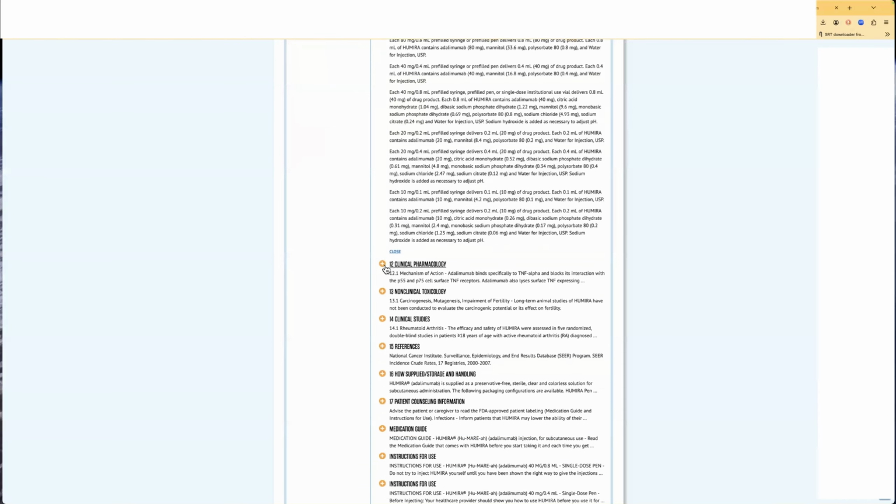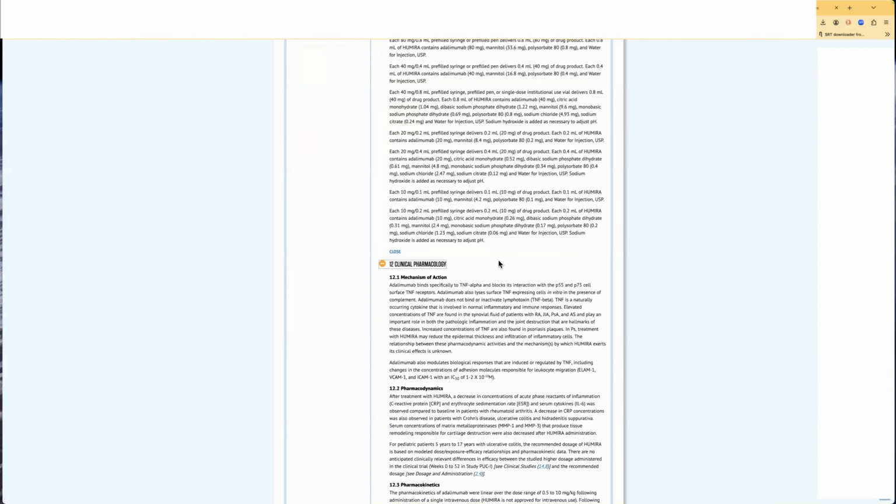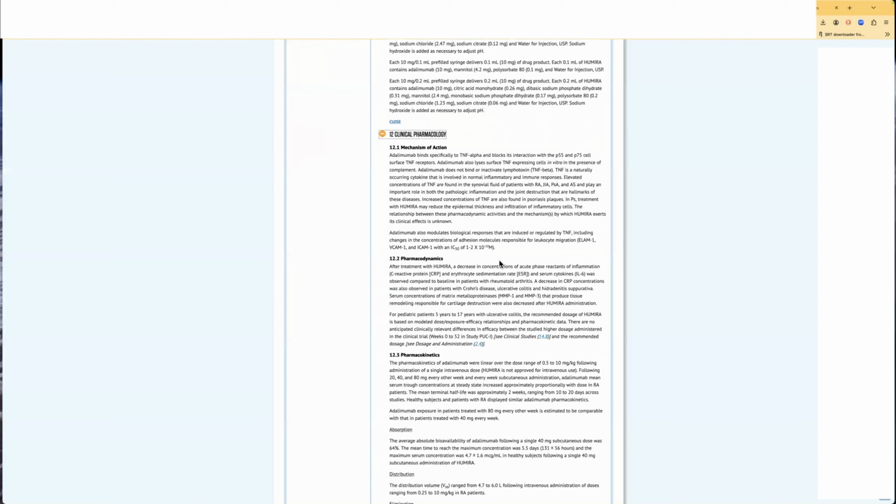Then we have a section for the clinical pharmacology, where we look into the pharmacokinetics and pharmacodynamics. And of course, we have a section for the mechanism of action. Don't forget that for products like antibiotics, we may not necessarily have precise knowledge about where the product goes, how it works exactly, but we know that its effect is to kill bacteria, for example.